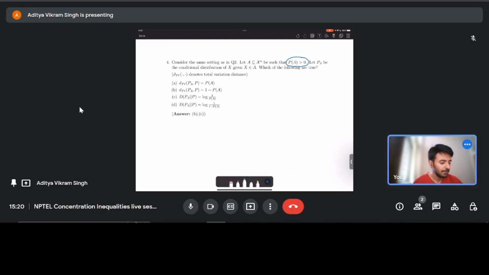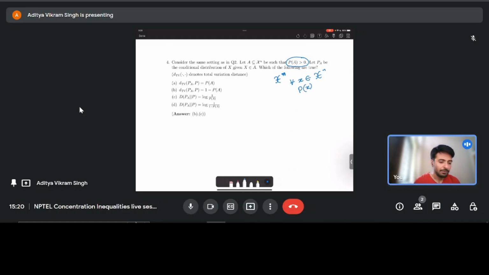We have this script X^n, which is a set, and P assigns to every x in this set a value Px, which defines the PMF.